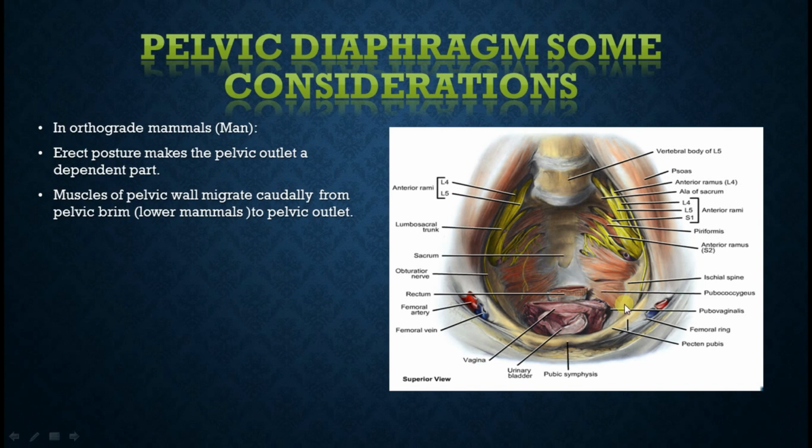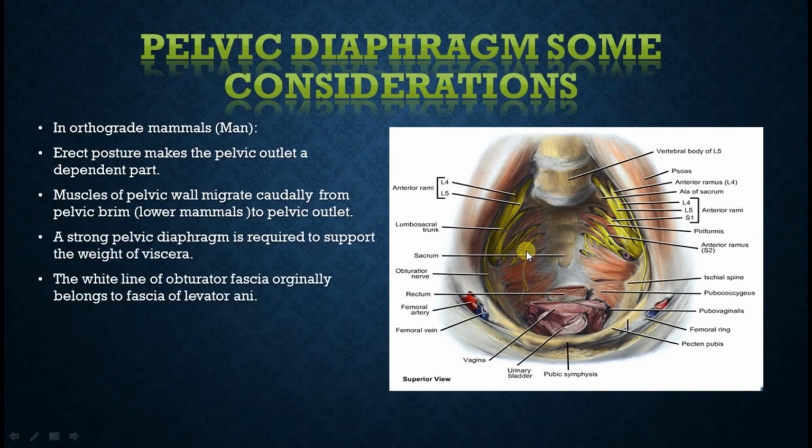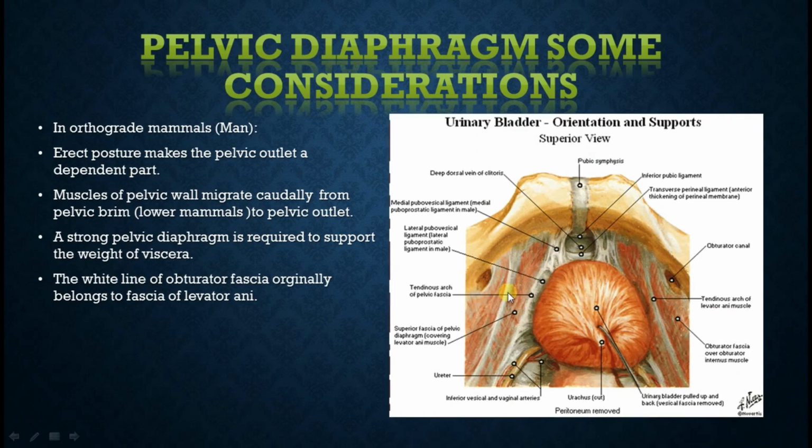They sweep downwards and backwards and close the pelvic outlet, thereby forming the pelvic diaphragm to support the weight of the viscera. So the white line of the obturator fascia, the tendinous arch, is originally not obturator fascia but fascia of the levator ani muscle, which has its origin at a higher level but has migrated to form the pelvic diaphragm in humans because of the erect posture.